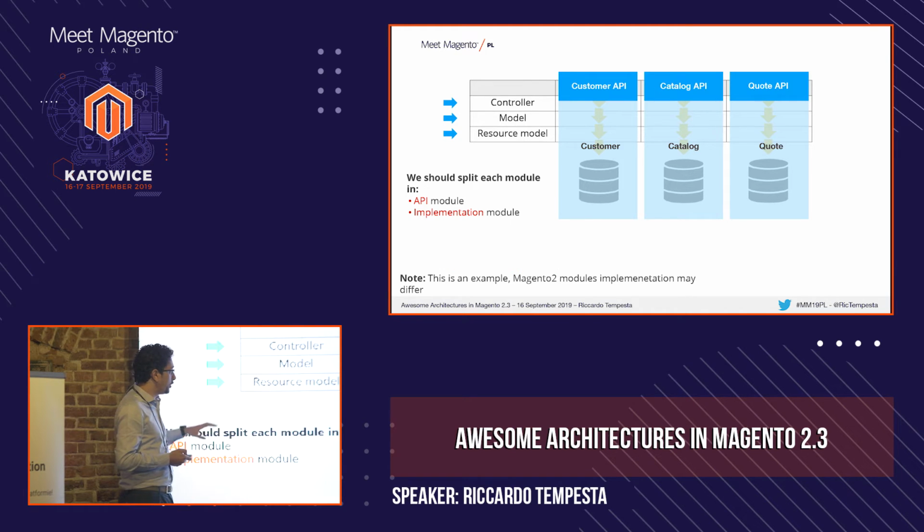You can split the modules into two different parts. One is the API part, I will explain later what exactly that means. And one is the implementation itself. If you're familiar with, for example, SOLID principles, I will come back to this later, maybe. So basically, the customer API is a kind of abstraction of the module.